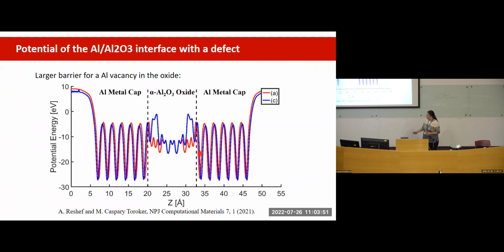So here you can anticipate how the potential energy of a material looks like if you have a defect at the interface. You can see the blue is high in case of vacancy or a defect, and the red, without any defect at the interface, is lower.